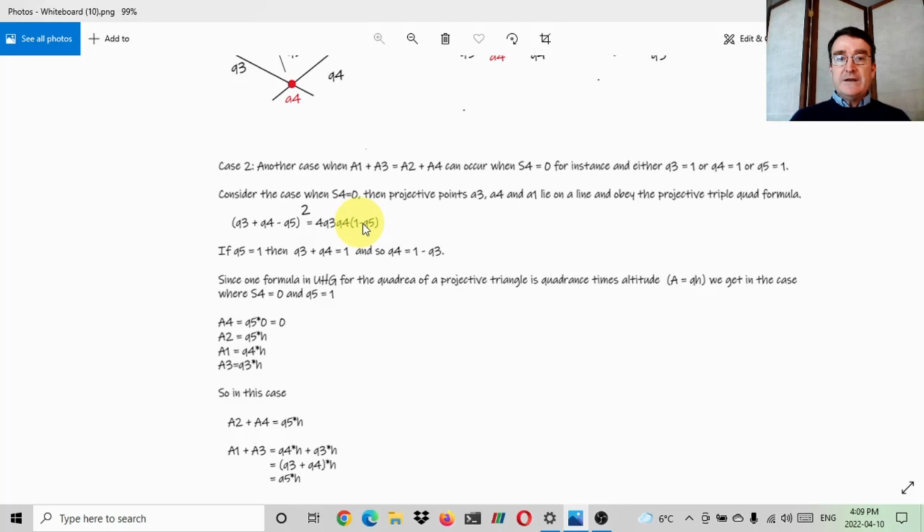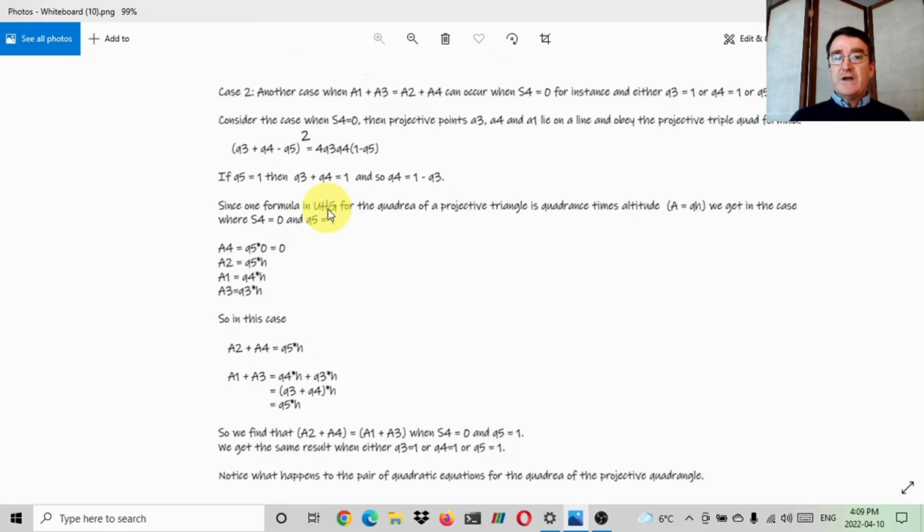A2 has a quadria of Q5 times H, A1 is Q4 times H, and A3 is Q3 times H. So in this case, A2 plus A4 is Q5 times H, and A1 plus A3 is Q4 times H plus Q3 times H, and that's equal to Q3 plus Q4 times H, but Q3 plus Q4 is equal to Q5.